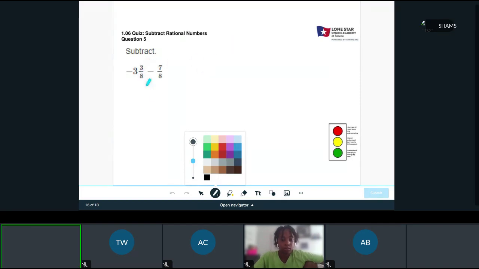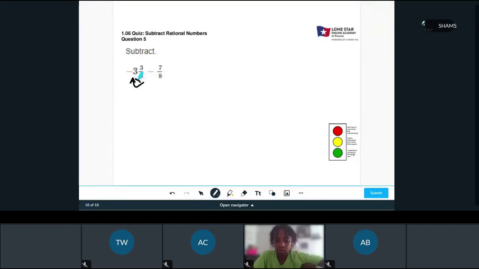So let's see. It is also going to be easy for you guys if you make it an improper fraction. Multiply 3 times 8, 24, right? And then plus 3, that gives you how much? 27, right? 27/8.